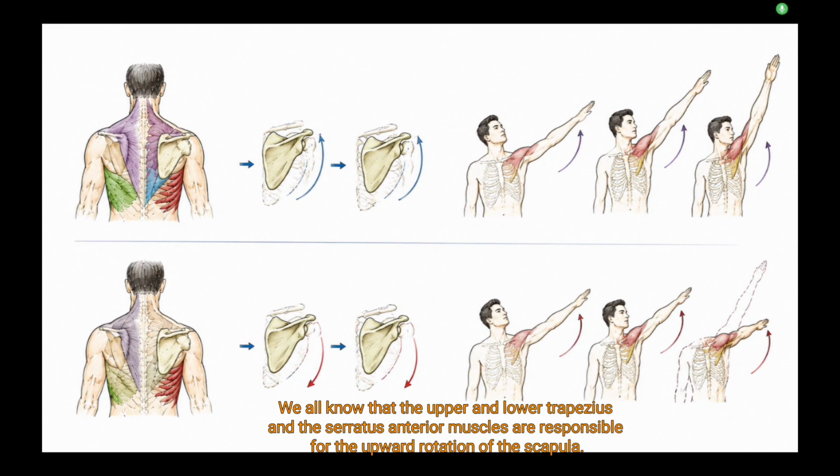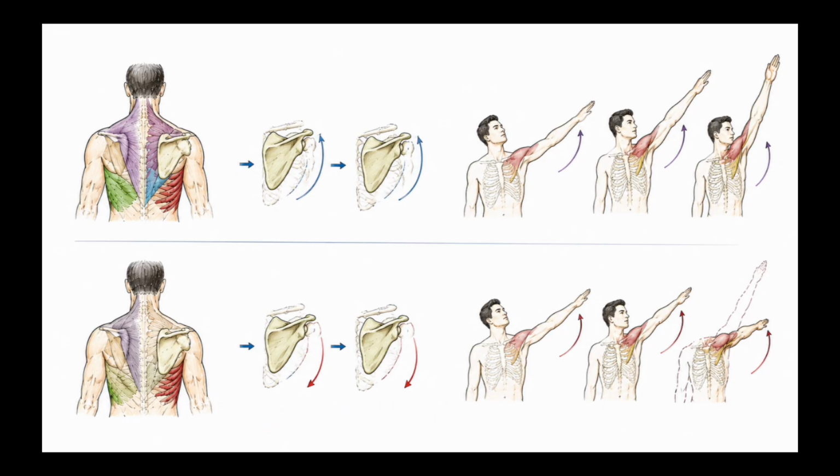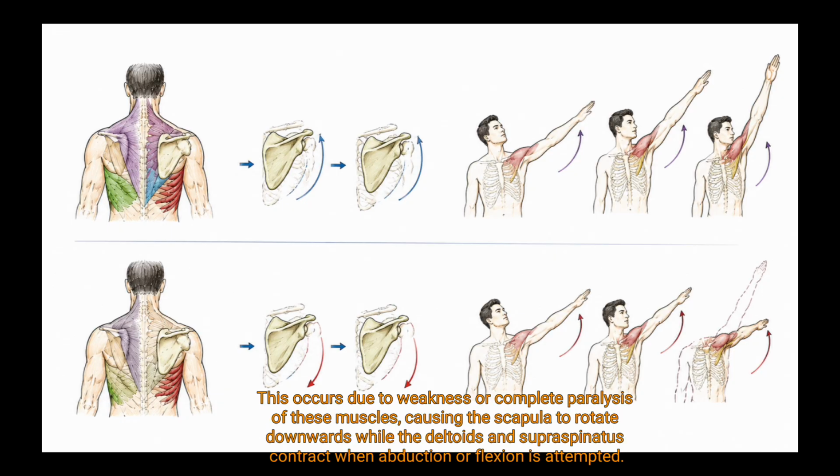We all know that the upper and lower trapezius and the serratus anterior muscle cause the upward rotation of the scapula. Due to weakness or complete paralysis of these muscles, the scapula is rotated downwards, contracting the deltoid and supraspinatus as abduction or flexion is attempted.